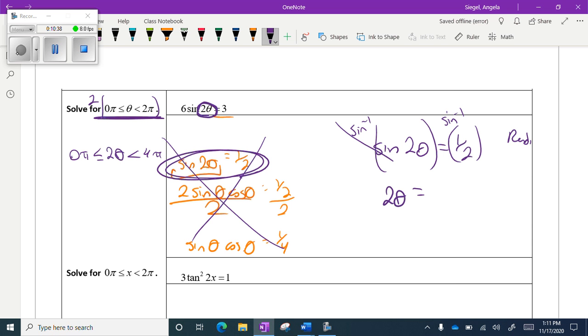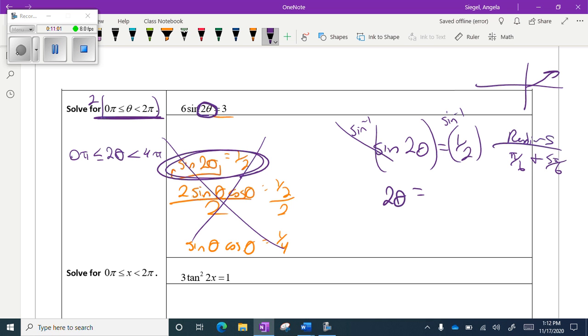So instead of saying 30 degrees, I'm going to say pi over 6. It's positive in quadrant 1 and in quadrant 2, so I have pi over 6, and then in quadrant 2, I have 5 pi over 6.